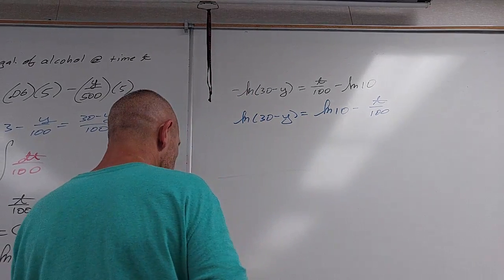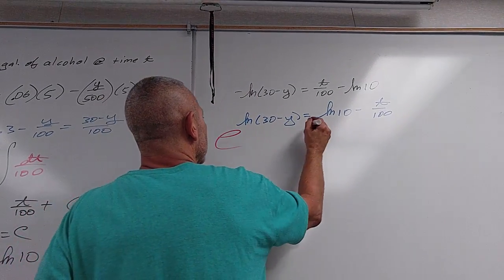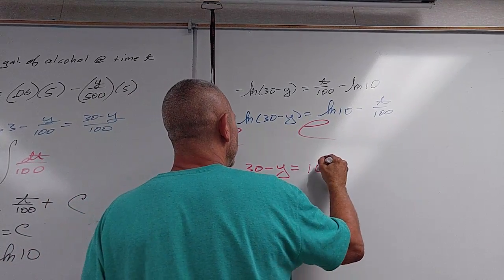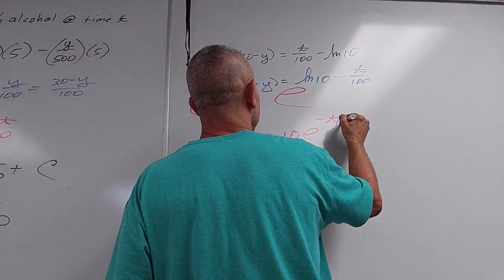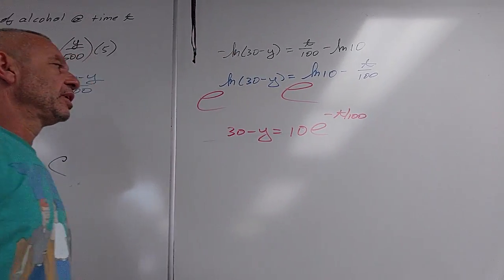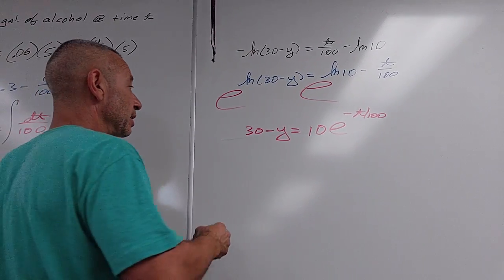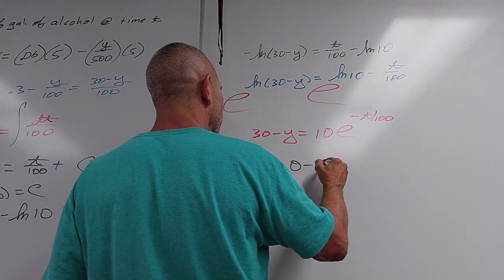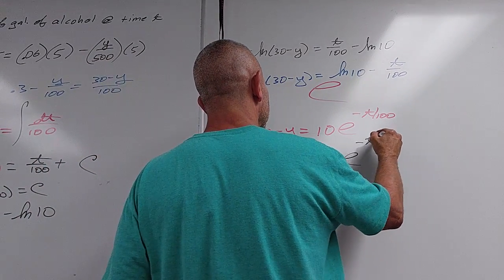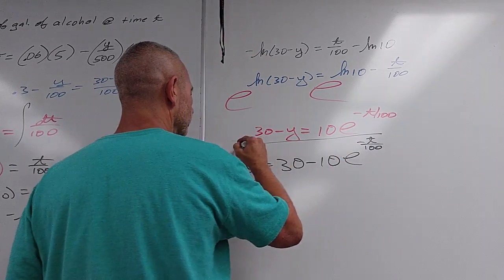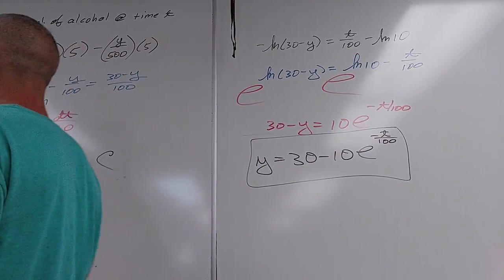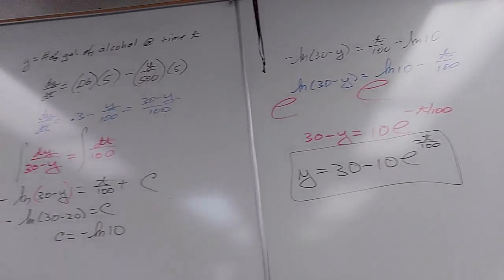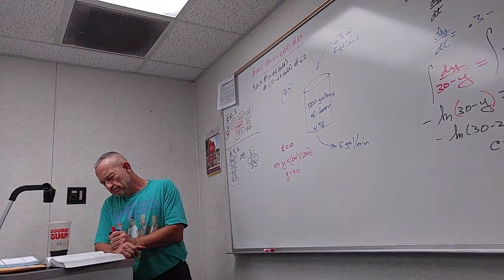And now when we raise both sides as powers of e, we get 30 minus y equals 10e to the minus t/100. And solving for y will give us that y is 30 minus 10e to the minus t/100. Now plug in any value of t and it'll tell you how much alcohol there is in the fluid at that moment.